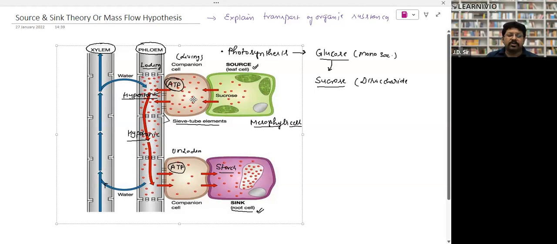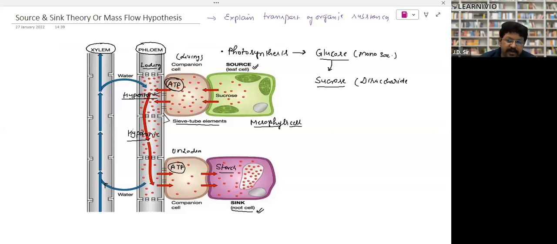Now, companion cell forwards this food to the sieve tube element. Here you need to understand that the transfer of food from the mesophyll cell to companion cell is a passive process. No energy is required.